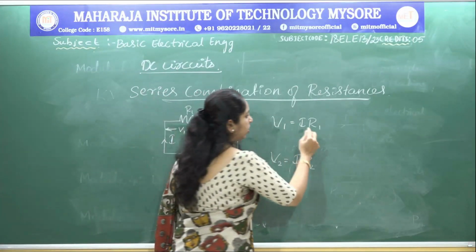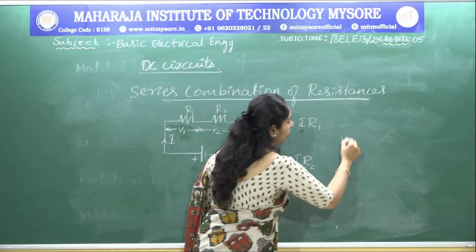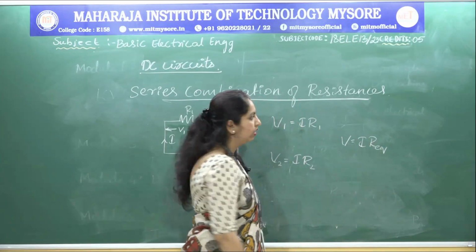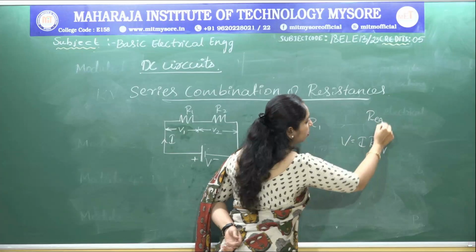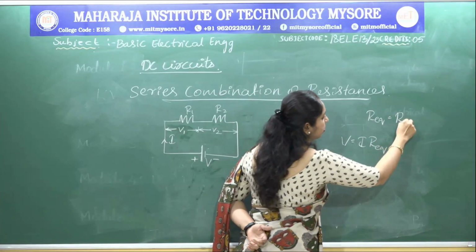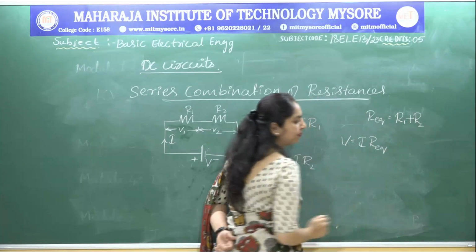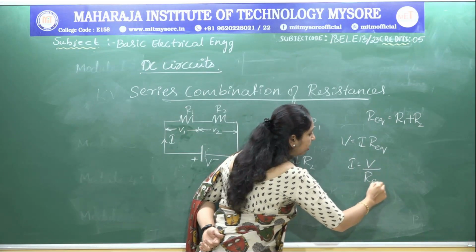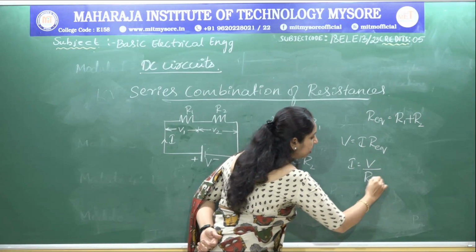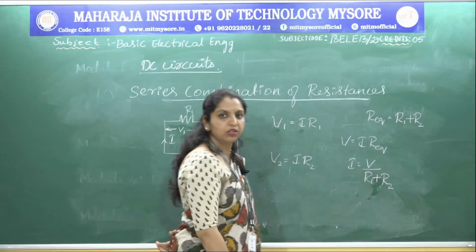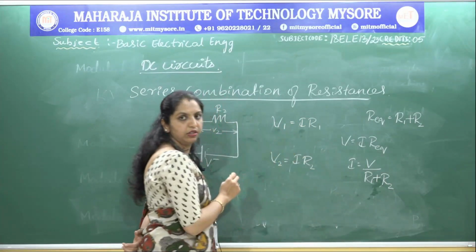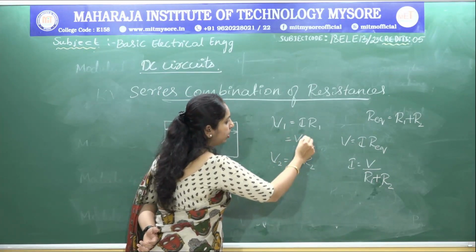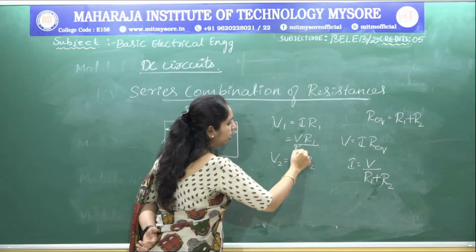So how is it possible? Now, you know that V is equal to I into R equivalent, where R equivalent is equal to R1 plus R2. So what is I here? I is equal to V divided by R equivalent, and straight away I can write this as V divided by R1 plus R2.